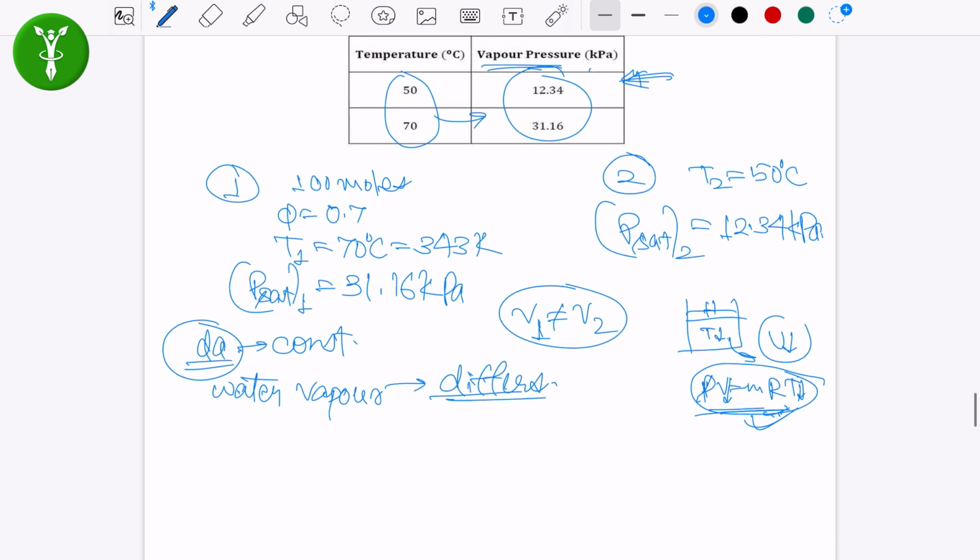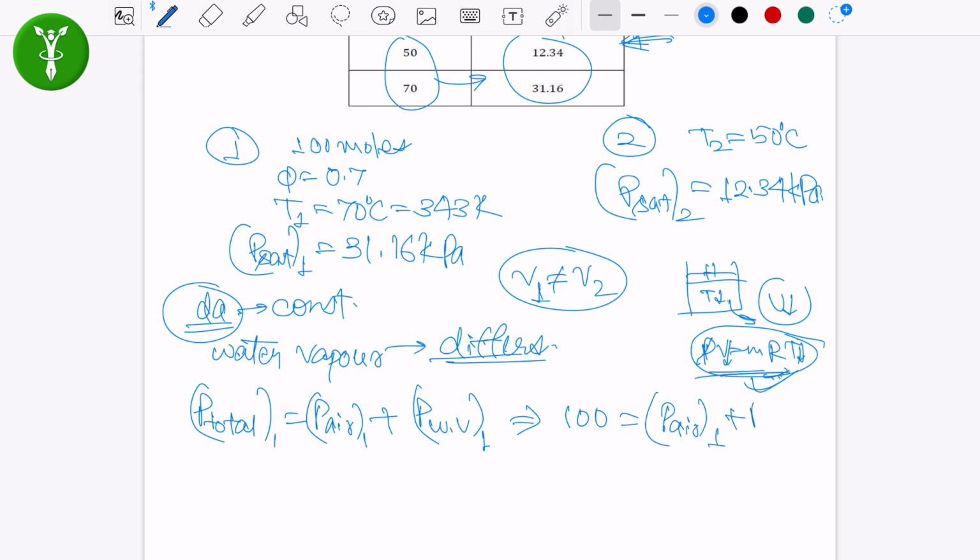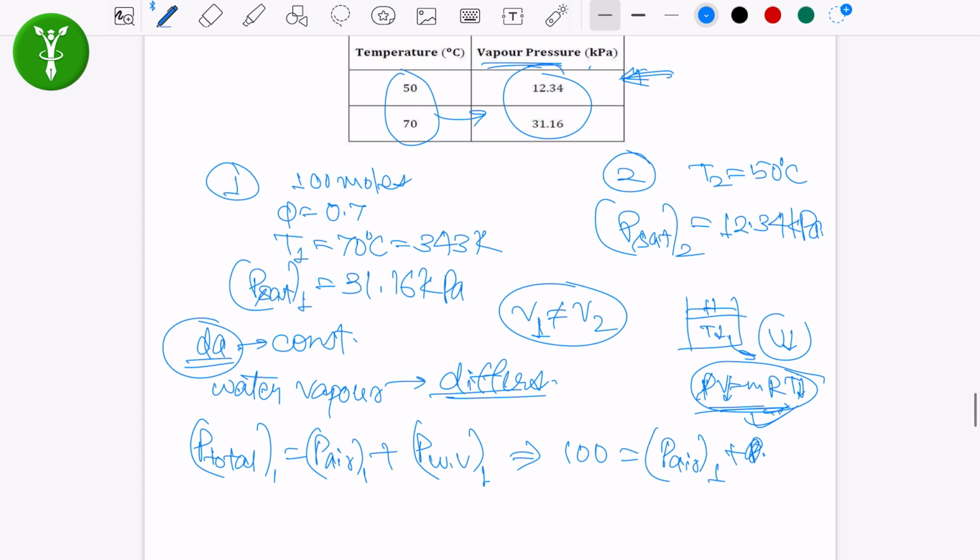We know the total pressure is the pressure of air plus the pressure of water vapor. The total is 1 bar, 100 kilopascal. P of air at 1, P of water vapor at 1.